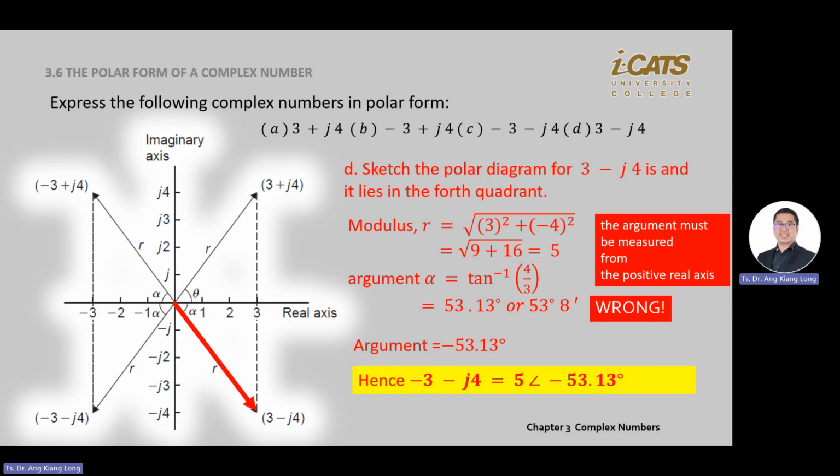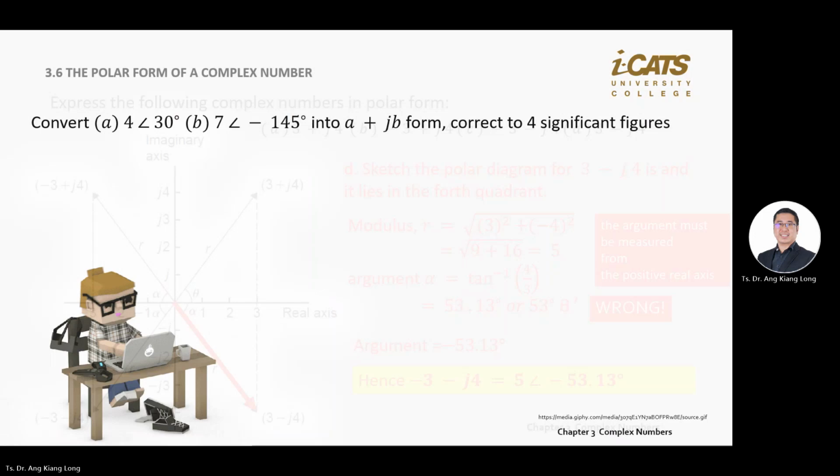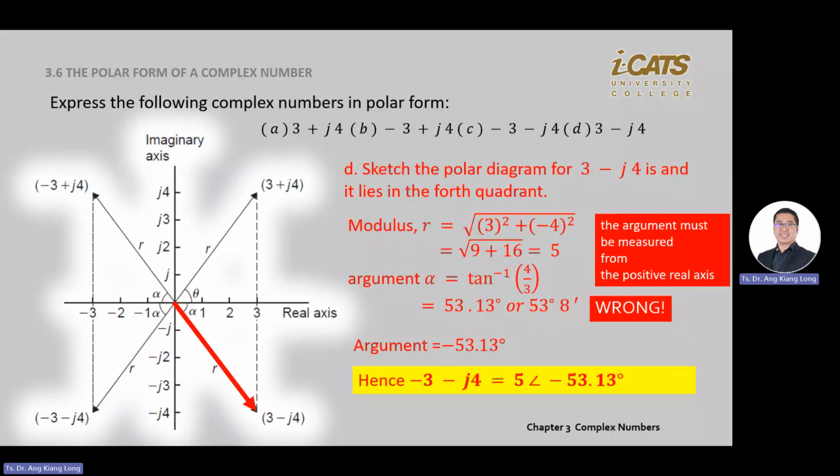Because sometimes if you give a larger number, you need to add like this. Sometimes the shortcut is negative. So in a test, you can give two answers, one positive, one negative. So this is from Cartesian to polar.